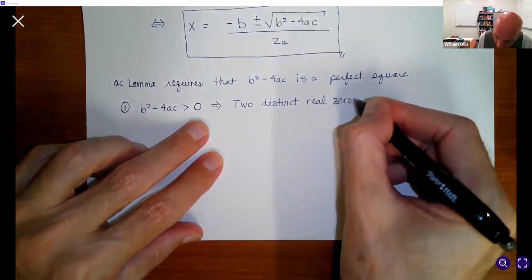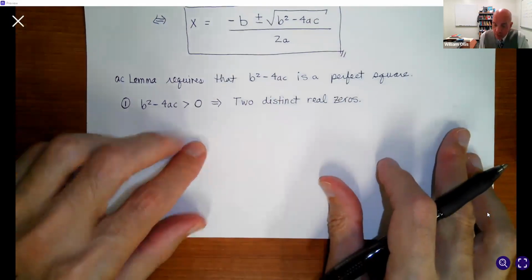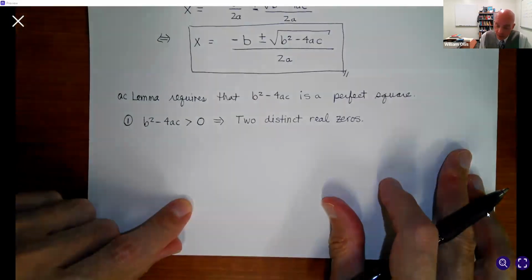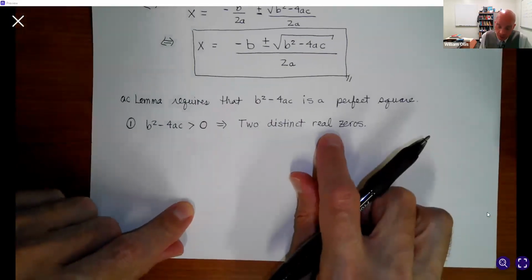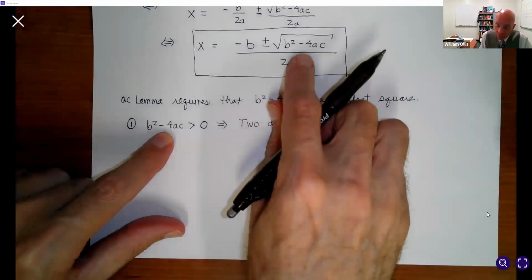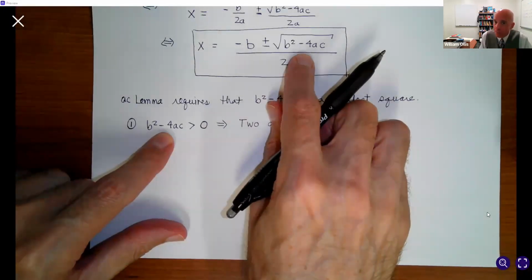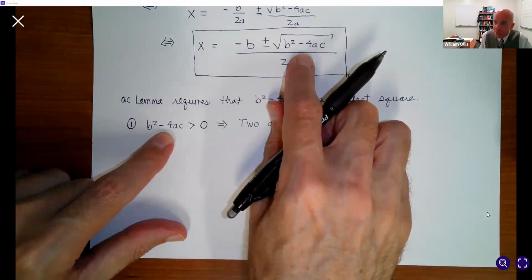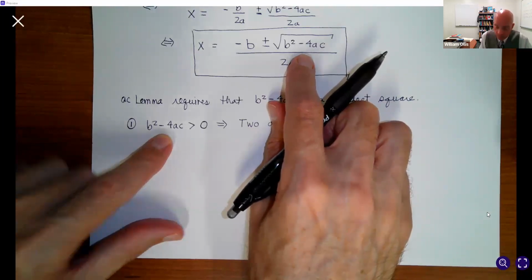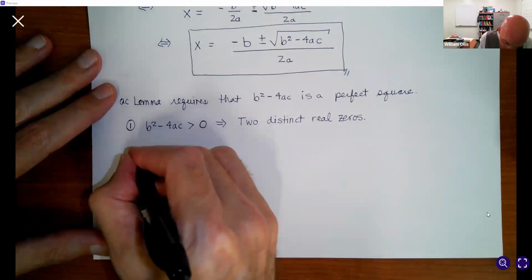To emphasize the fact that there are no imaginary zeros here: if the argument of the square root is a positive number, then its square root is real. Okay, what else could happen?